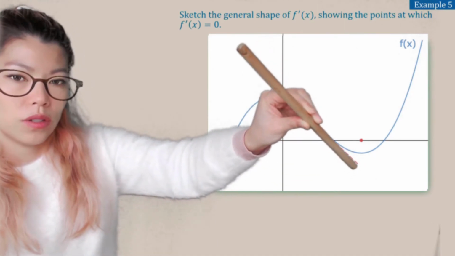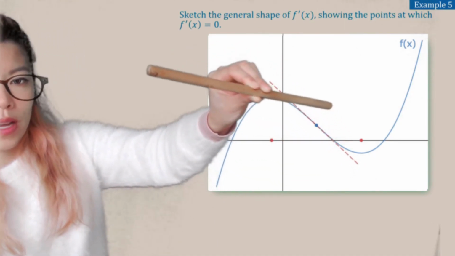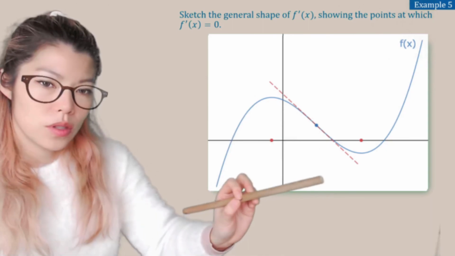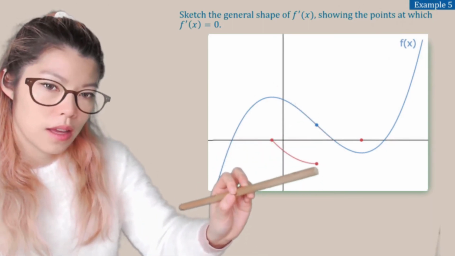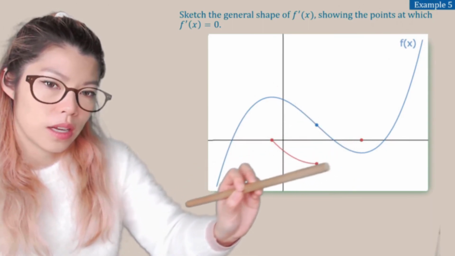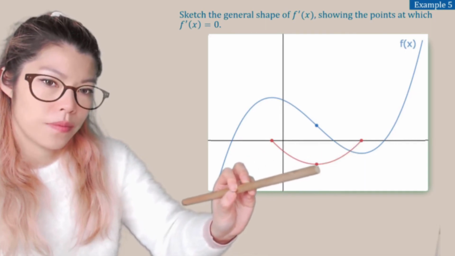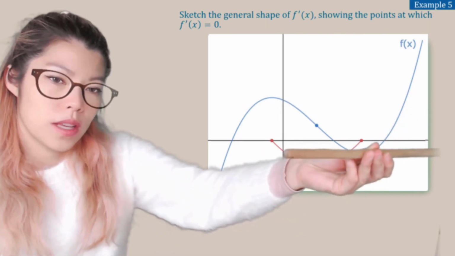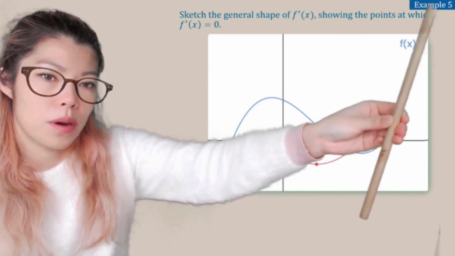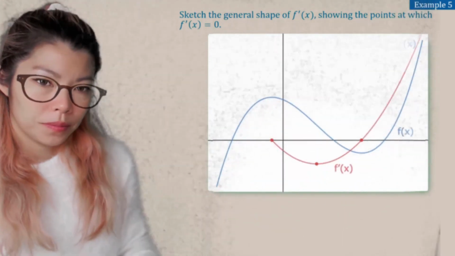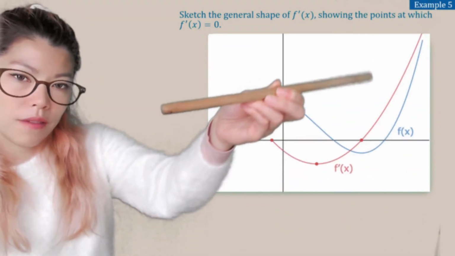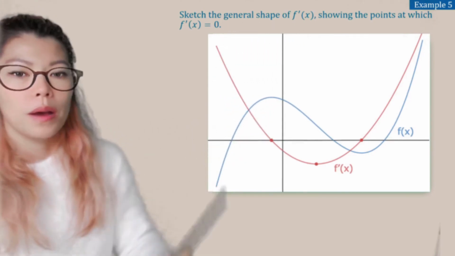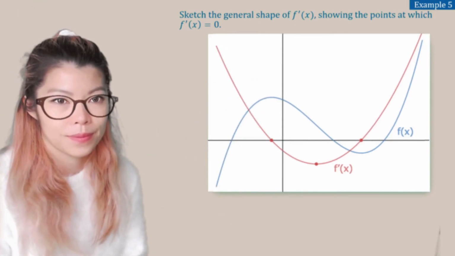As we go closer to that point, we're becoming less negative as well. So the most negative will be at this point, and these are all negative, but less than that point there. After this point, we can see that the gradient is becoming positive. And same with this side. After this point, it's becoming positive.